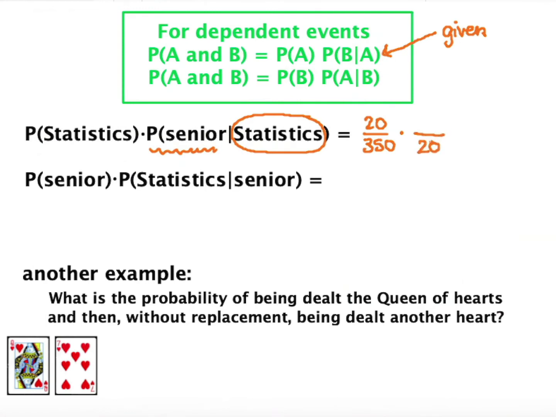We've narrowed it down to only our stats students. That affects the denominator. And what's the probability that we find a senior in class? There are 18 of them. And you'll notice if you take a 20 divided by a 20, that's 1, and we get that 18 out of 350. And we had figured that out on the previous slide just by using common sense, but this is how the formula would work.